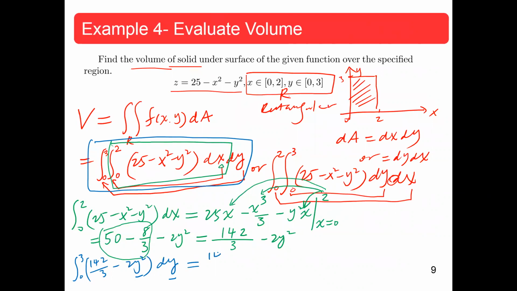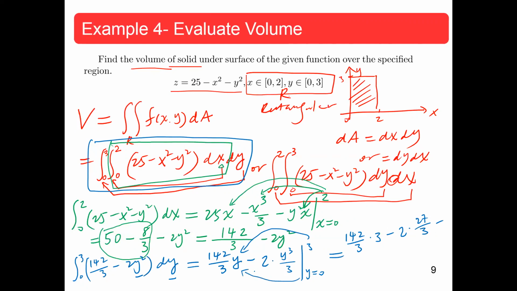The antiderivative is pretty straightforward, 142 over 3 y, because that's a constant, minus 2 times the antiderivative of y squared, which would be y cubed over 3, and you plug 0 and 3 in, right? If you plug 3 in, I have 142 over 3 times 3, where the 3s reduce, minus 2 times 27 over 3.